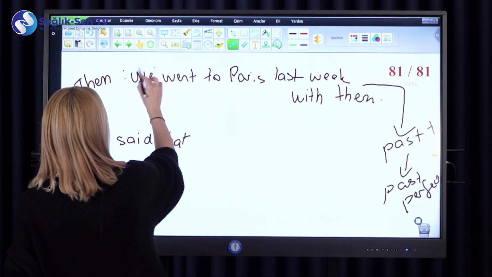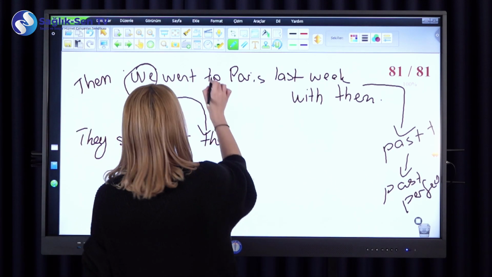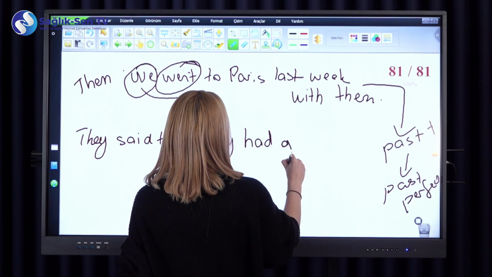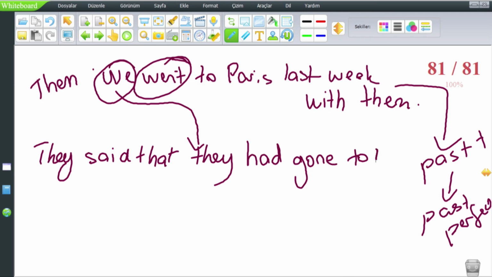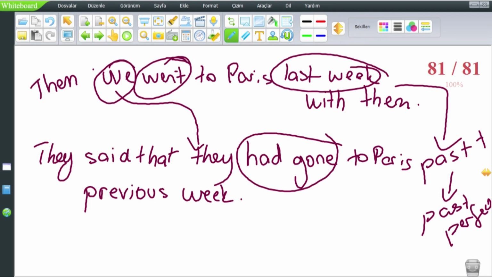They said that we will turn into they, went will be had gone to Paris, and I have a time expression here. I will say previous week, not last week, because if I used last week, it would lose its meaning of past perfect.